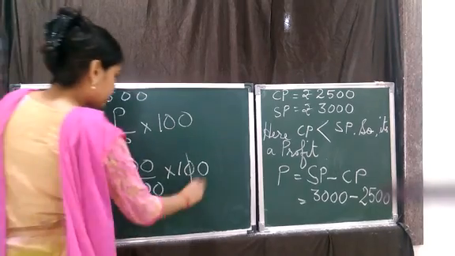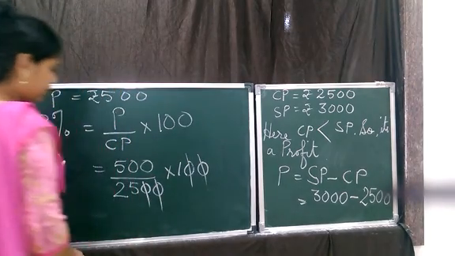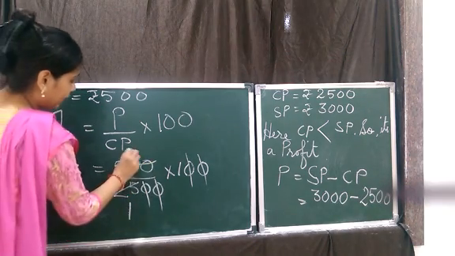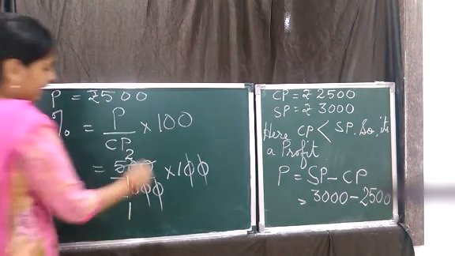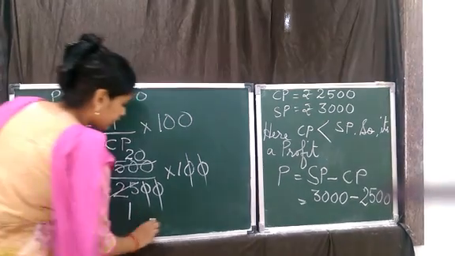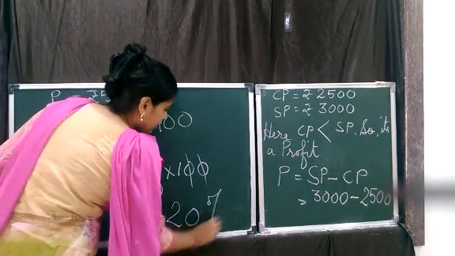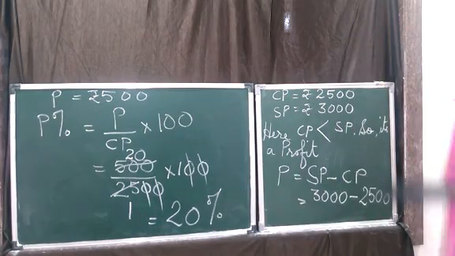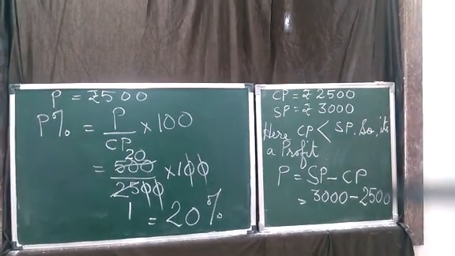We cancel the zeros. Now 25 ones are 25, 25 twos are 50 and 25 zeros are 0. So the answer is 20%.